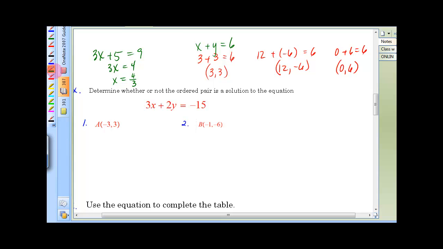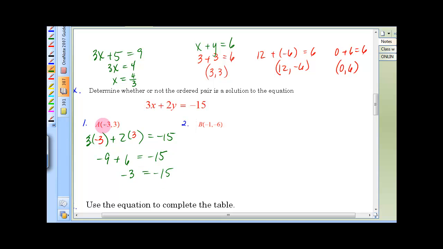We're going to start with our original equation of 3x plus 2y is equal to negative 15. And now I'm going to plug in my value for x, which is a negative 3, my value for y, which is a positive 3, and I'm going to simplify it. 3 times negative 3 is negative 9, plus 6 is equal to negative 15, but negative 9 plus 6 is equal to negative 3, and negative 3 does not equal negative 15.